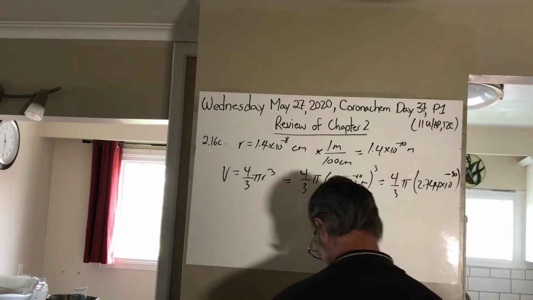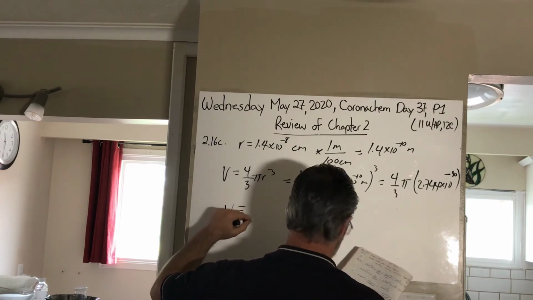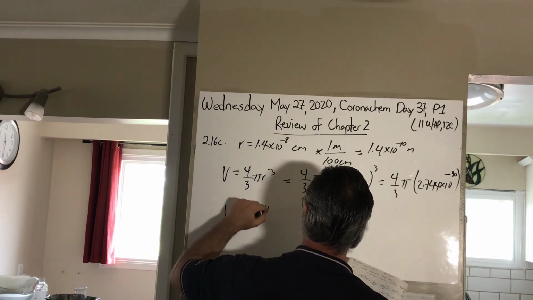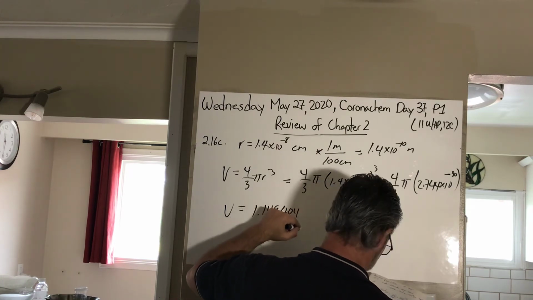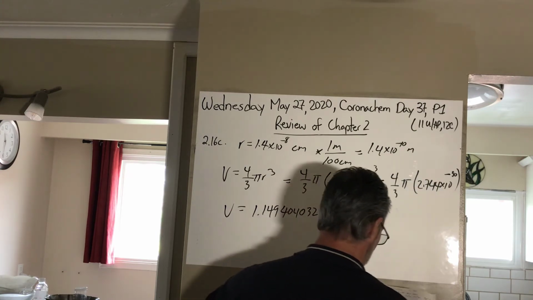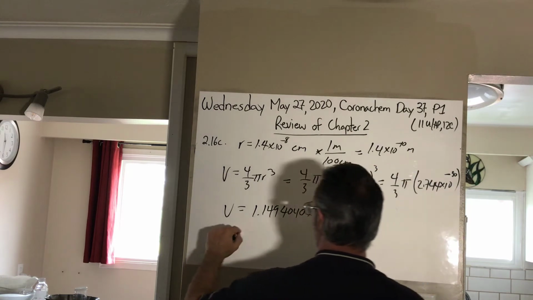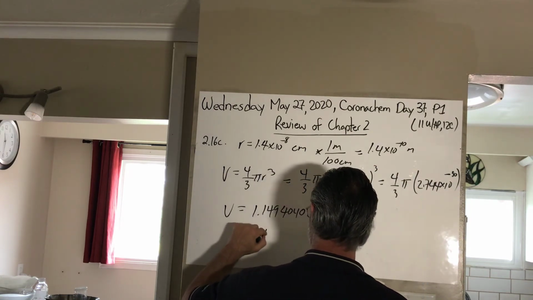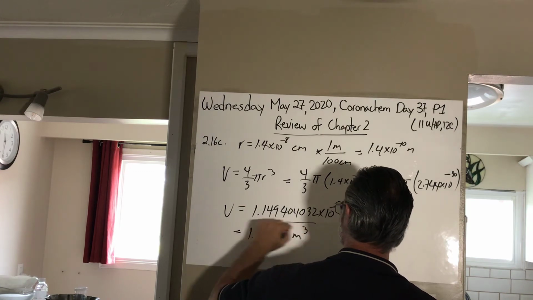So when you multiply all that through, you get 1.149404032 times 10 to the negative 29 meters cubed, and that gives you 1.1 times 10 to the negative 29 meters cubed.